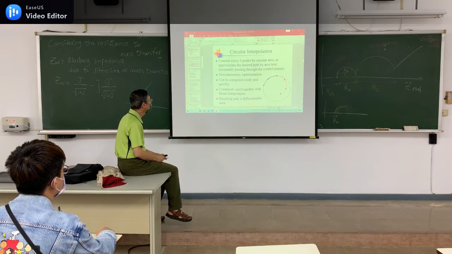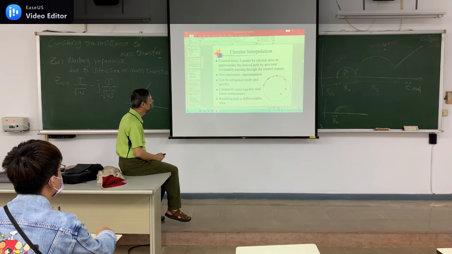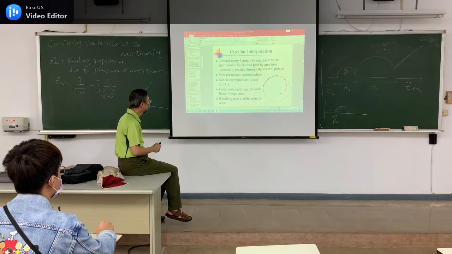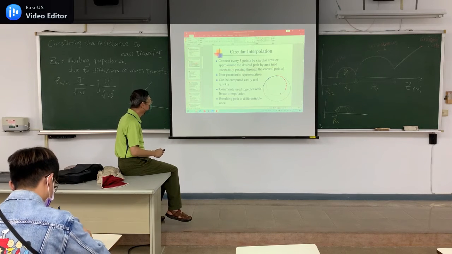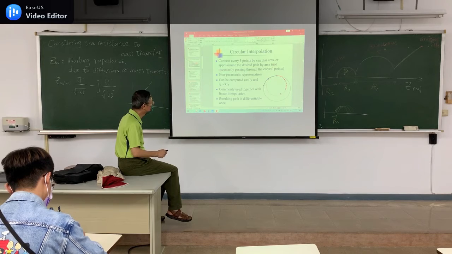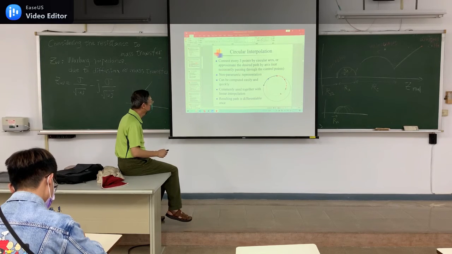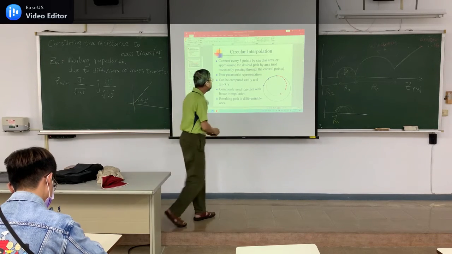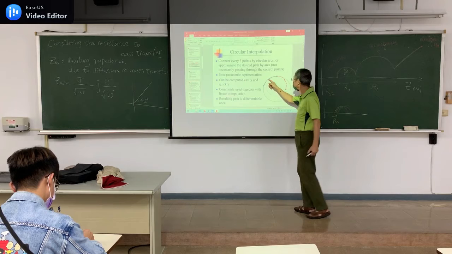Sometimes people can also use a circular path to approximate the desired path by arcs. In other words, it is not necessary to pass through this point. It's close to this point, but we can use it. Not necessarily only 3 points.